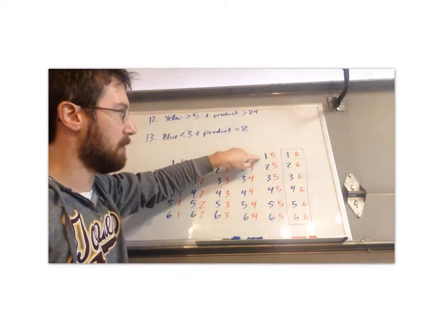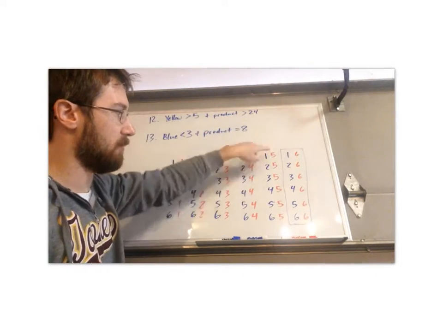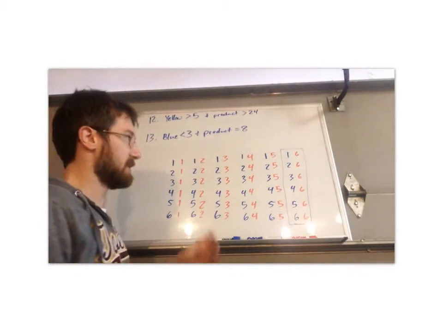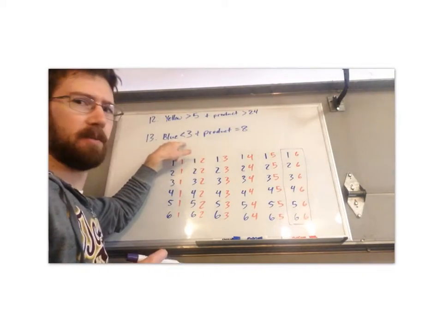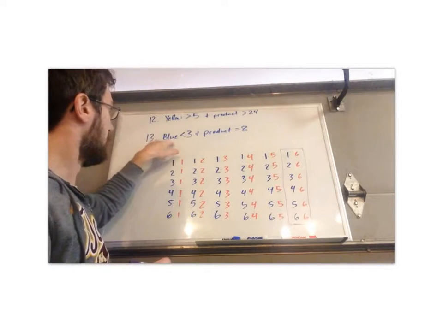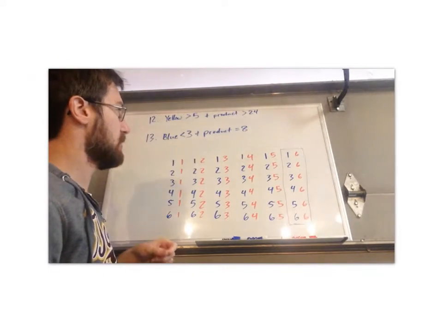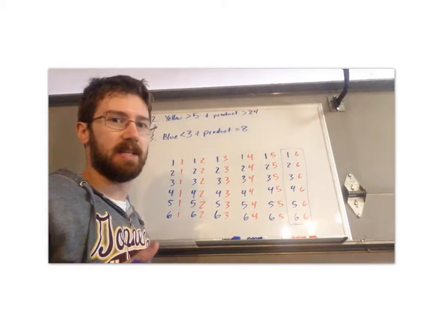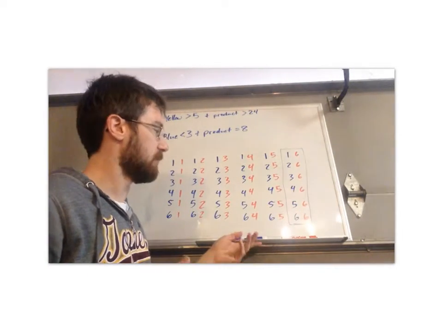It's a different probability of the product being greater than 24 if the red one is 5, or if it's 4, or 3, or 2, or 1. That's why it's dependent. And same argument really for 13. The blue cube is less than 3, the product is equal to 8. If the blue cube is greater than 3, then it's a different probability for those situations.